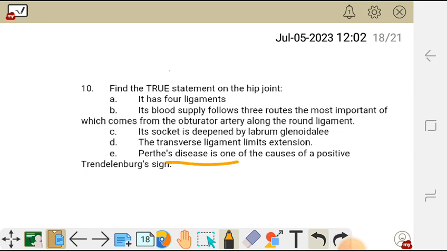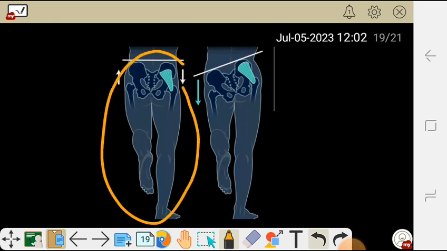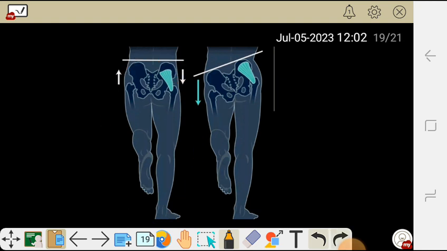Perthes disease is one of the causes of positive Trendelenburg sign. So this sign is this one in this diagram here, where this one is the normal position when you are being supported by one limb. You must be in this position here, so that plane there must be straight.